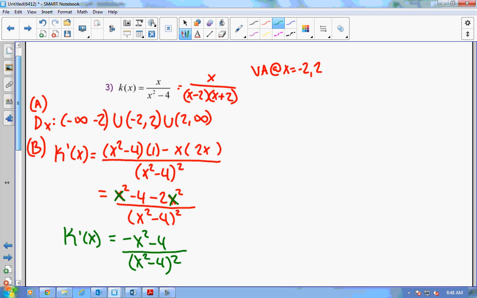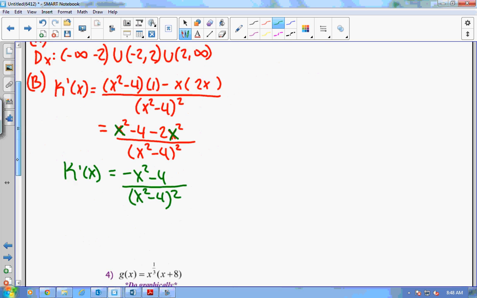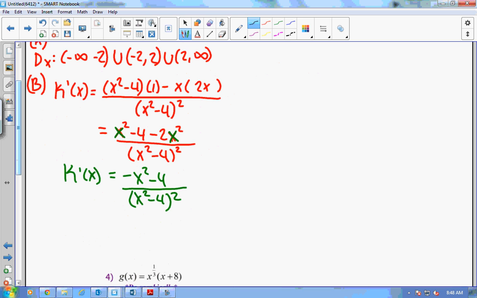And the reason we find this derivative is we're looking for critical points when the derivative equals 0, and places where the derivative is undefined. So for critical points, for part C, if I set this equal to 0, does the denominator matter at all?